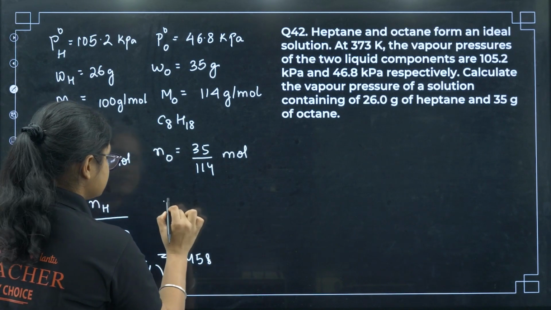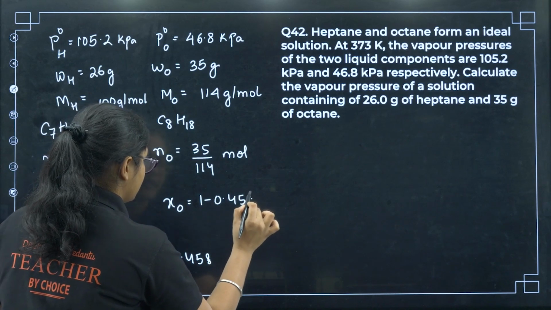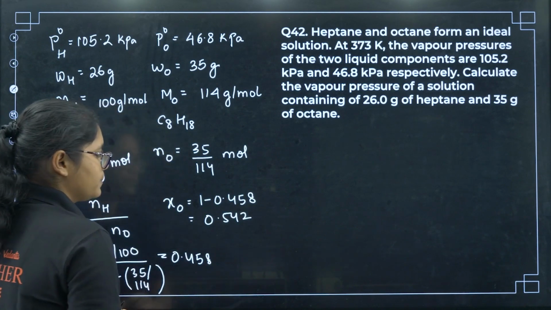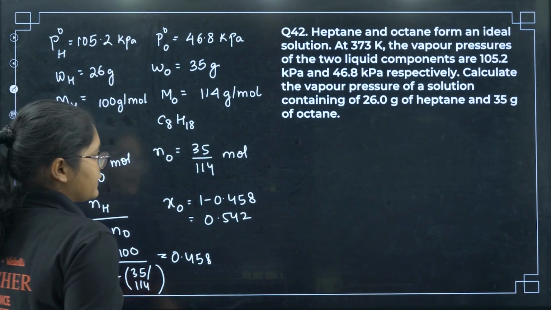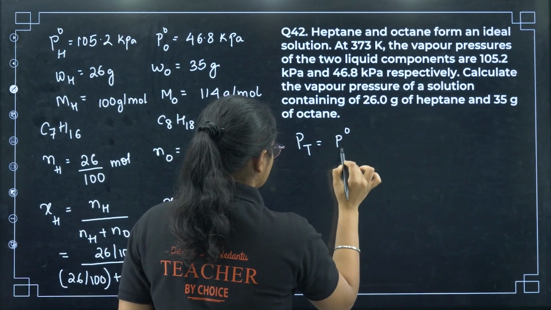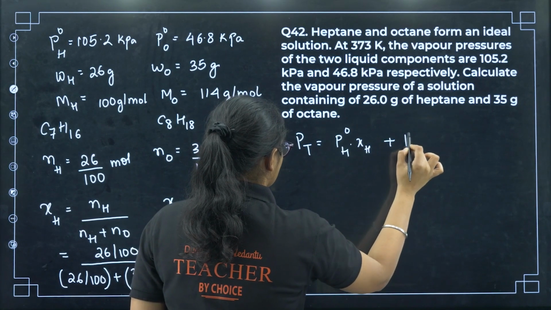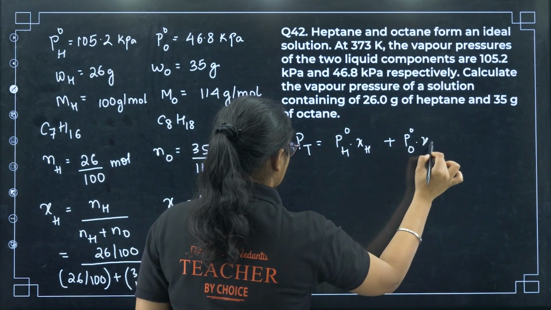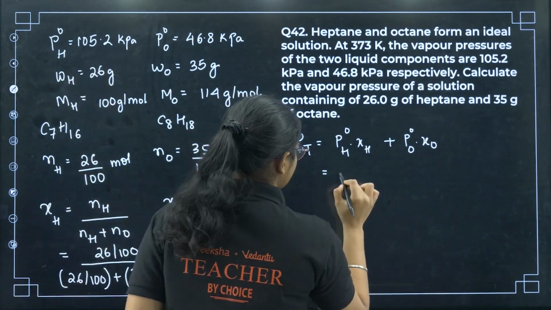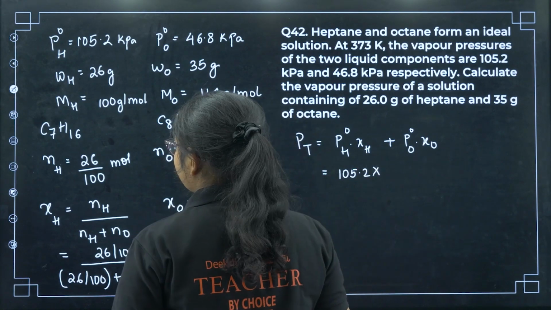Now from here I can easily calculate the mole fraction of octane, that is 1 minus 0.458, and that will be equal to 0.542. Okay, clear? Now I can calculate the total pressure. Total pressure is equal to what? P naught of heptane into mole fraction of heptane plus P naught of octane into mole fraction of octane. What is the P naught of heptane value? 105.2. Okay, and what is the mole fraction of heptane here?